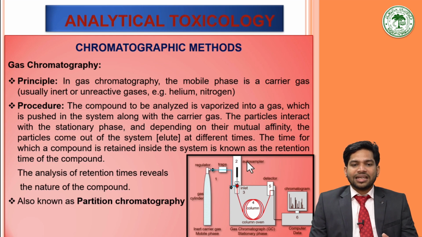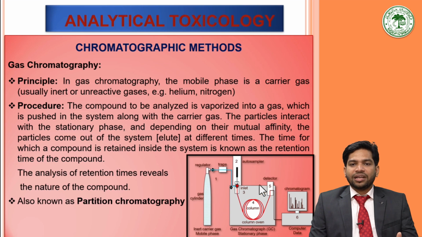So once through this inlet, the mixture of our interest is injected. This gas cylinder acts as a mobile phase and causes the mixture to pass through this column, and in this column different adsorbents are there, usually silica gel, so that the different constituents of this mixture will have different exiting speeds from this column.